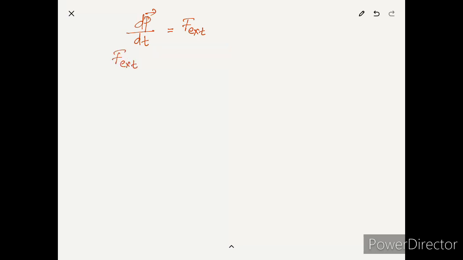So F external represents the external force. This external force is dP by dt, where P is the total linear momentum of the n-particle system. This is equal to d by dt of P1 plus P2 plus and so on plus Pn, where P1, P2, P3 up to Pn are the individual linear momenta of the particles of masses m1, m2, m3 up to mn.